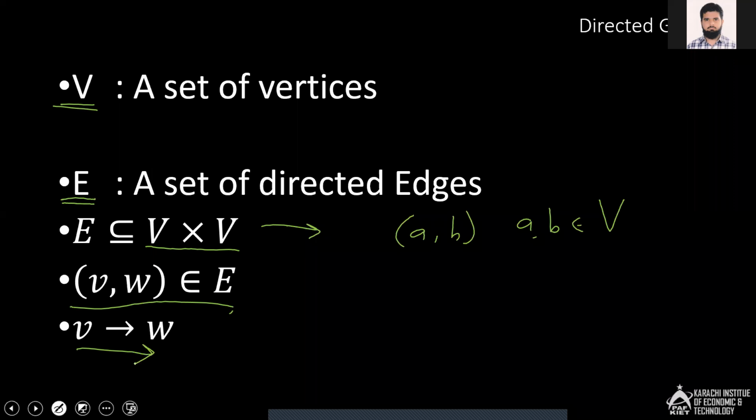So to summarize, we have a set V of vertices, and it might contain something like V, W, X, Y, or it might contain simple letters A, B, C, or D, or it might even have vertices V1, V2, V3, and V4.